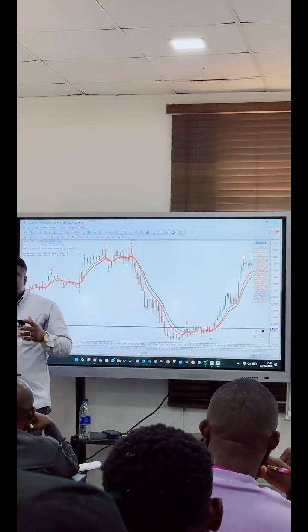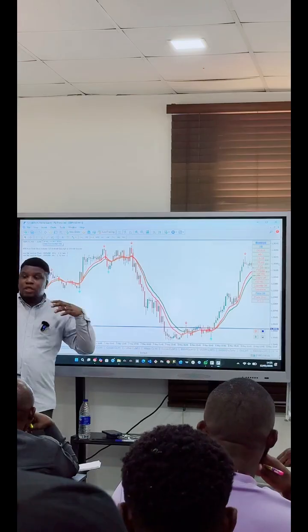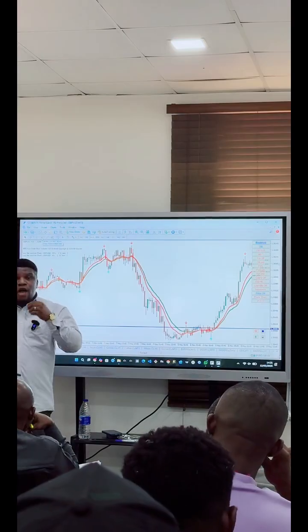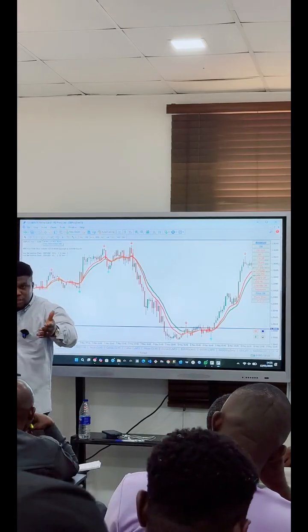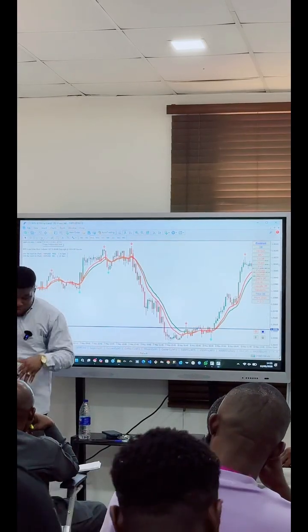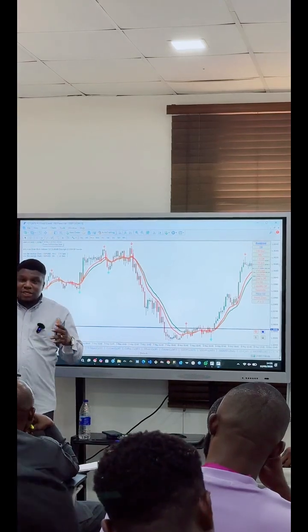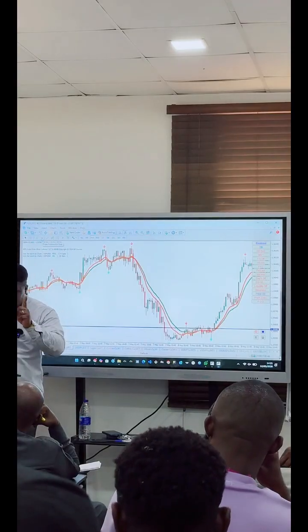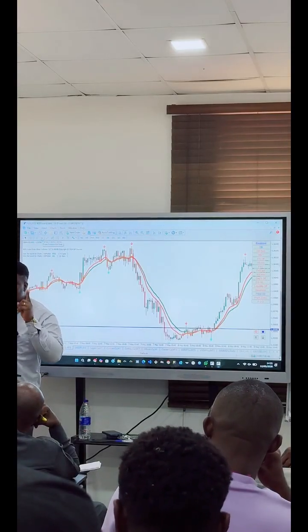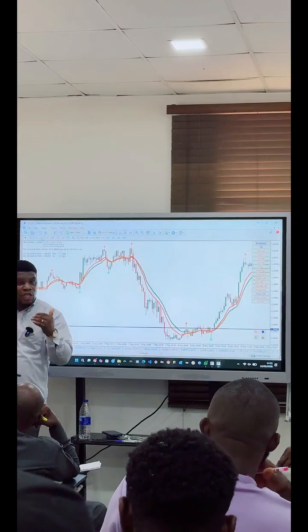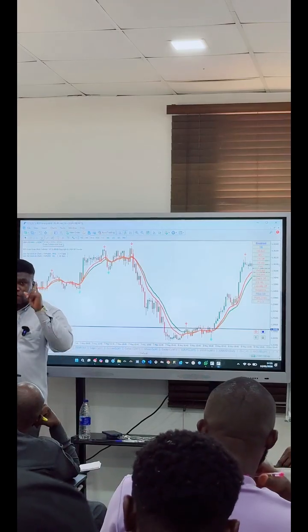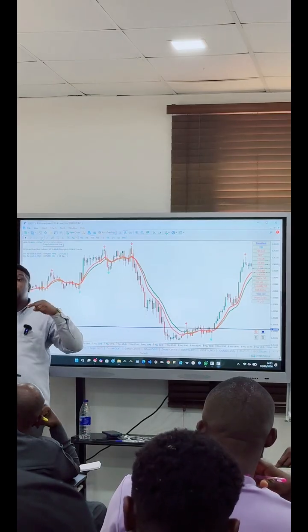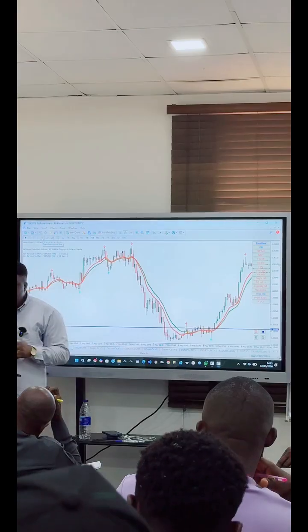So for currencies, for every 10 points, 1 pip. Price for currencies usually moves in points. That means for you to make a profit of 10 pips, you will do 100 points. Are we together now? Good.